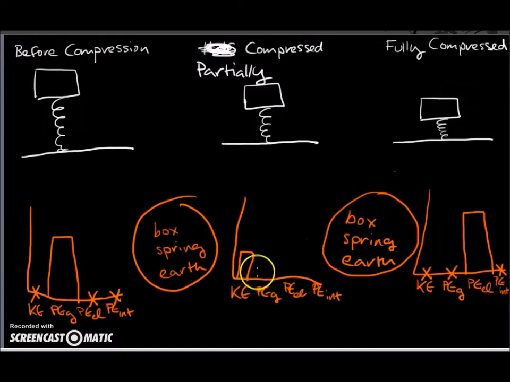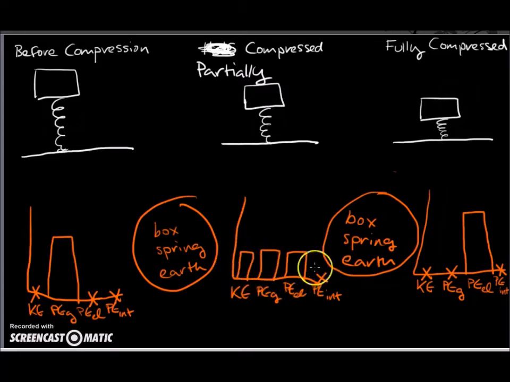But anyway, we still have potential energy of gravity because the box still has some height to drop before it is as close as it can be to the Earth. We have elastic potential energy because the spring is being compressed. So let's draw that in here, and we still have no internal potential energy.